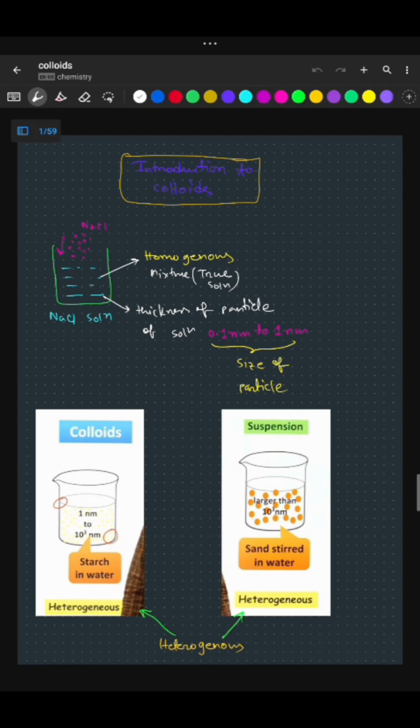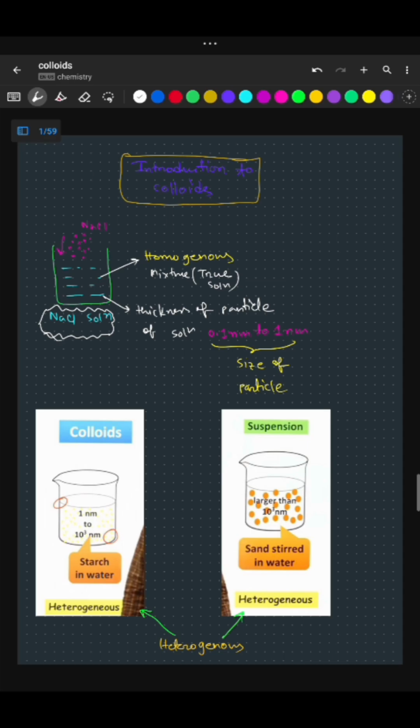To start with, we are going to be talking about solution. You see, I have given a solution here, which is a NaCl solution, which is obviously the salt solution that we know. And the mixture of a salt solution is homogeneous, and any homogeneous mixture is known as true solution.